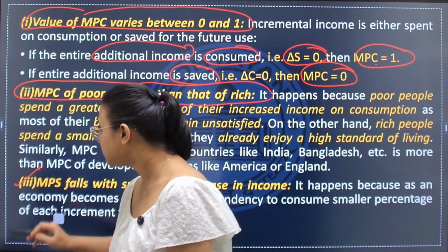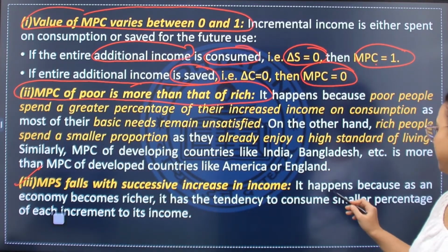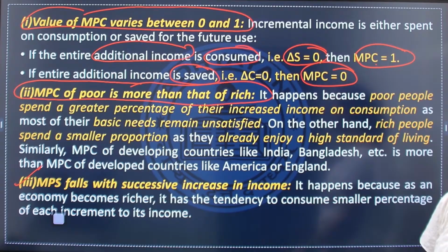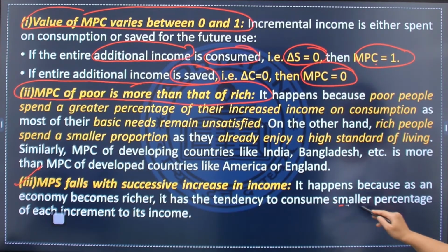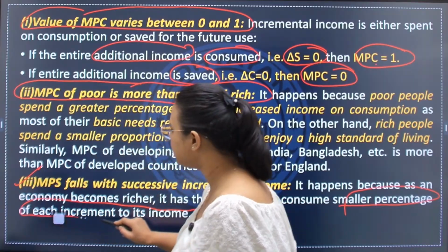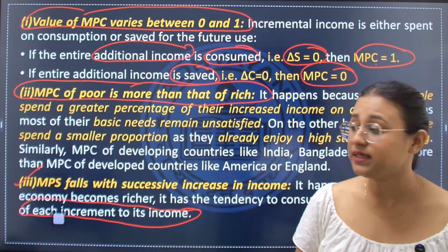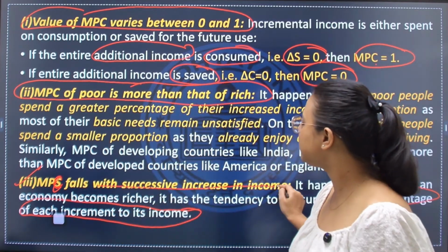One more thing to remember: MPS falls with successive increase in income. MPS means marginal propensity to save. It happens because as an economy becomes richer it has a tendency to consume a smaller percentage with each increment in its income. This will be MPC, not MPS, so MPC falls with successive increase in income.